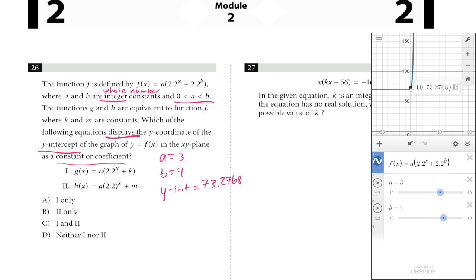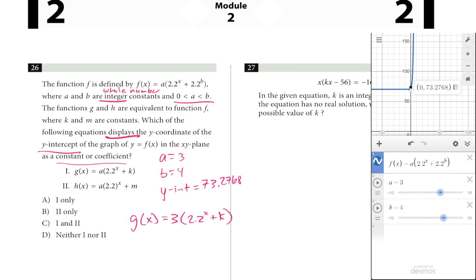Since our y-intercept is 73.2768, that number has to show up in our equation. If we look at Roman numeral 1, function g of x, we already said a is 3, so really g of x is going to be 3 times 2.2 to the power x plus k. Right now in our function, do we see the 73.2768?